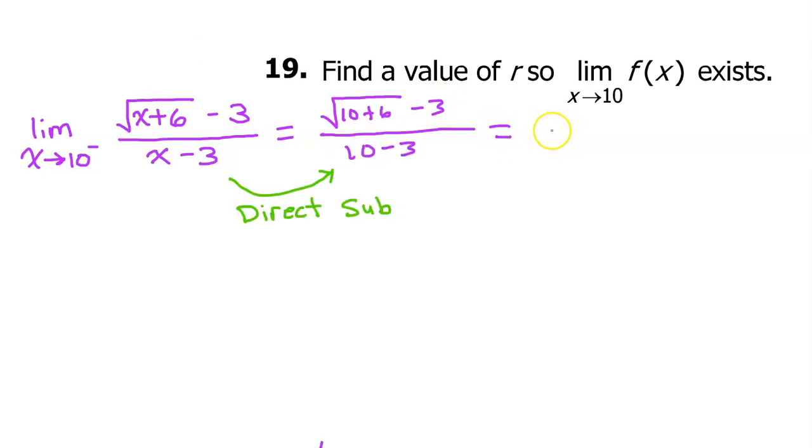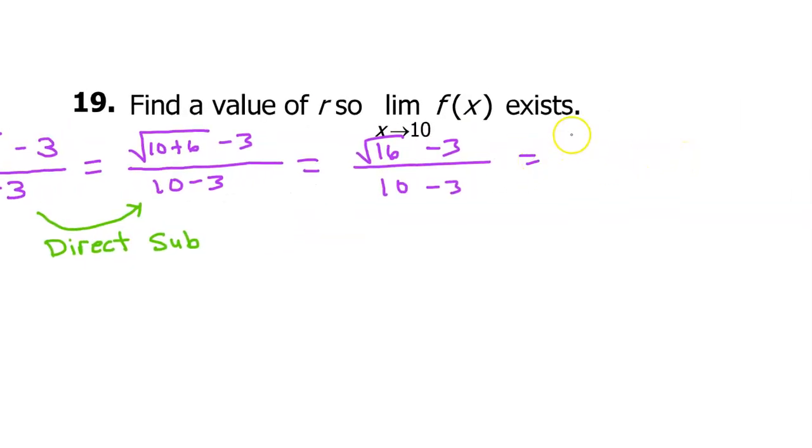So this gives us the square root of 16 minus 3 over 10 minus 3, which of course is 4 minus 3 over 10 minus 3, which is 1 over 7. So that is the limit as x approaches 10 from the left.